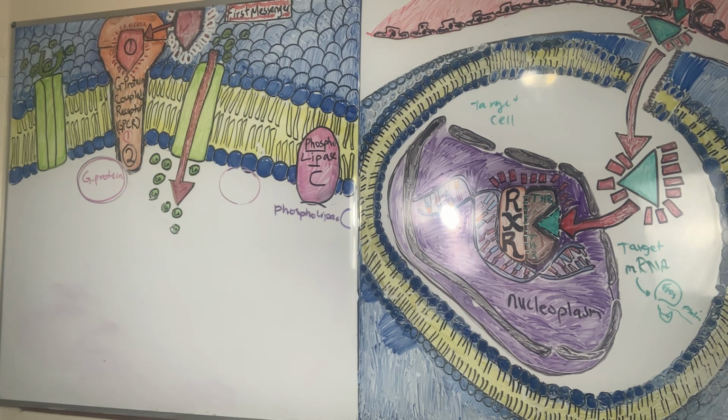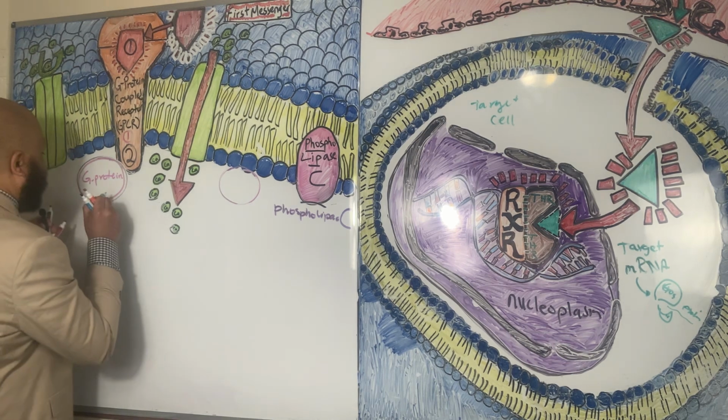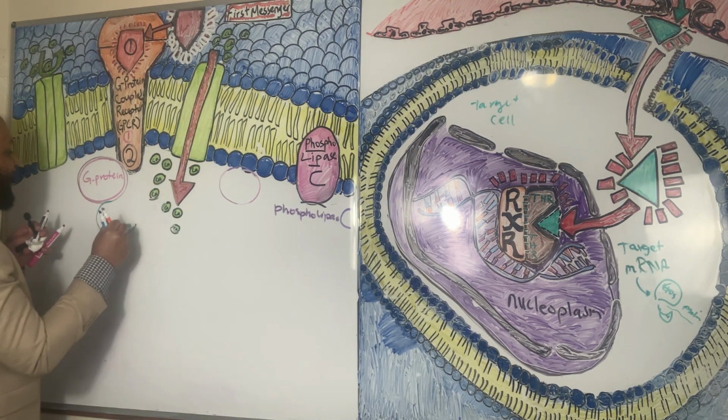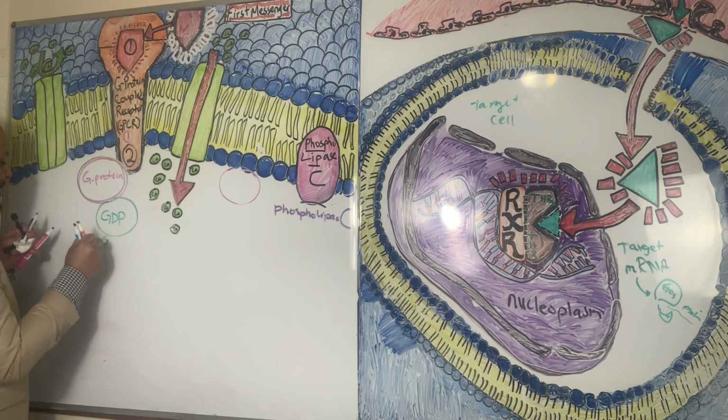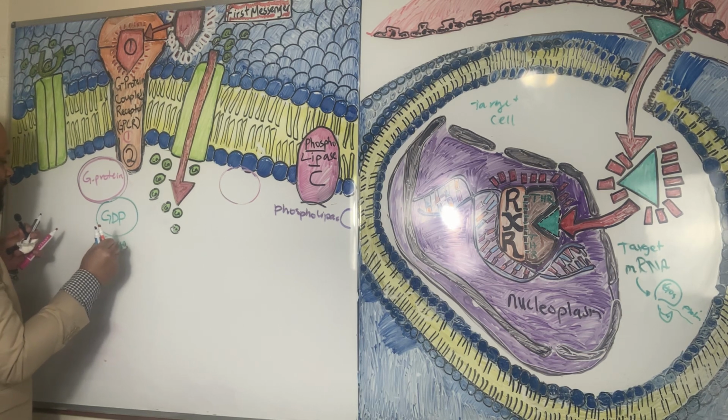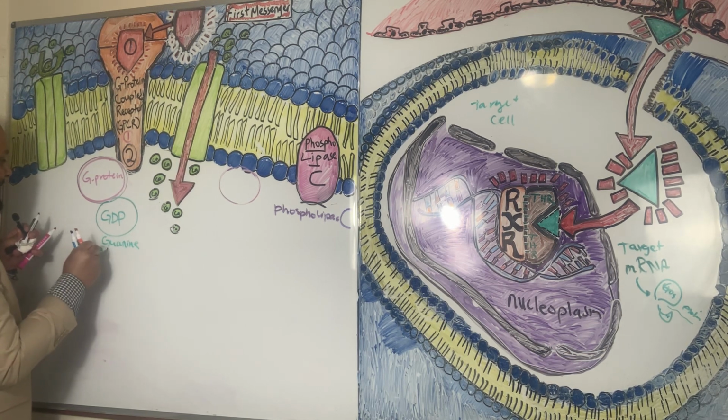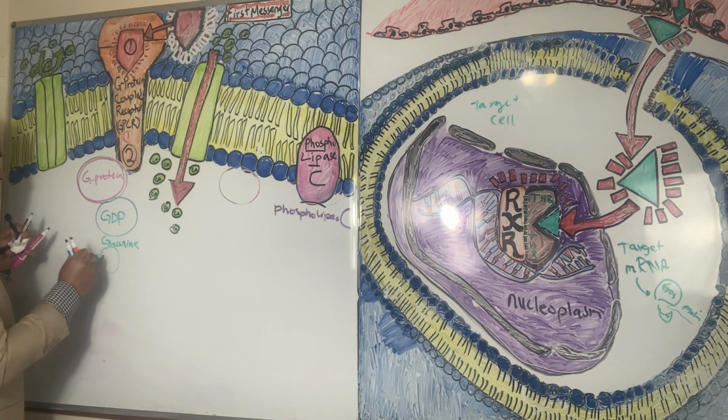Now, this is the inactive conformation. We have GDP. GDP means guanine nucleotide that is attached to di, so there are two phosphates.